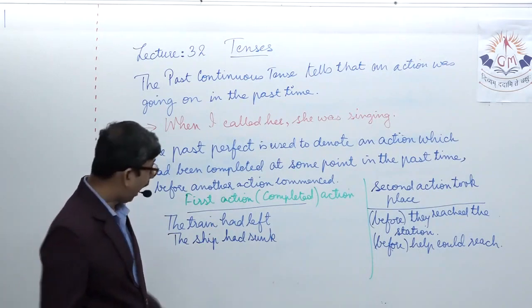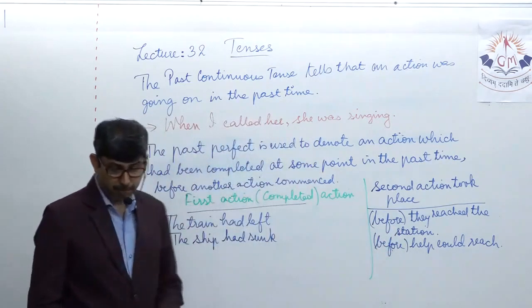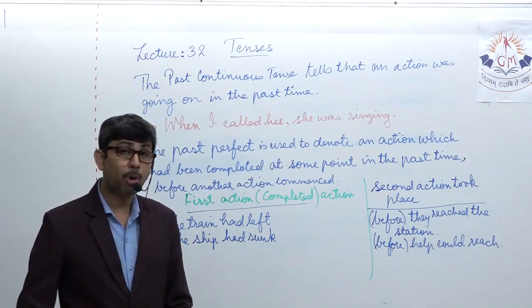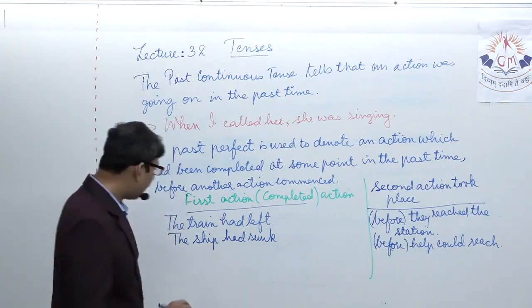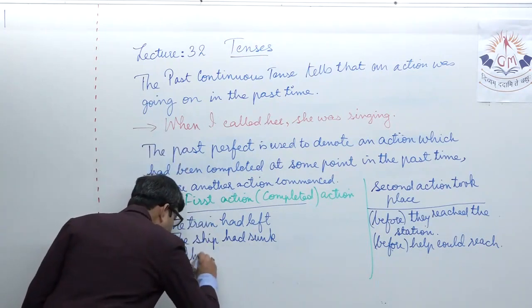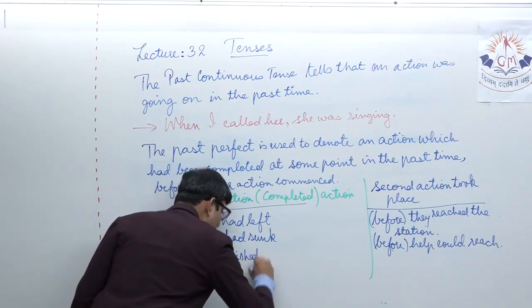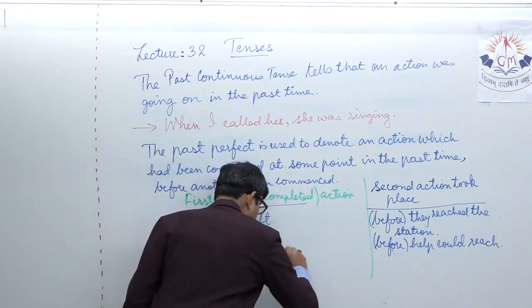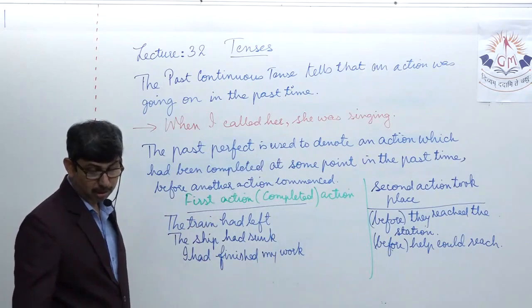Another example, and make a marking, we are using the word before over here. Keep this in mind. We are using the subordinating conjunction. You must have learned about coordinating and subordinating conjunctions. So just try to recall the prior knowledge. One more example. I had finished my work, and now you are trying to express what?